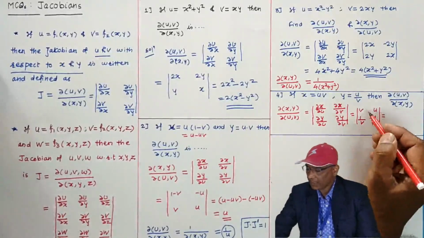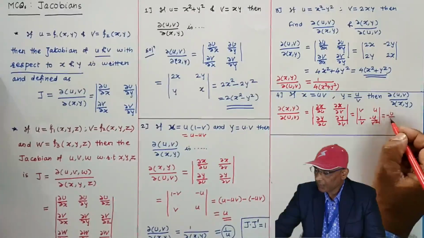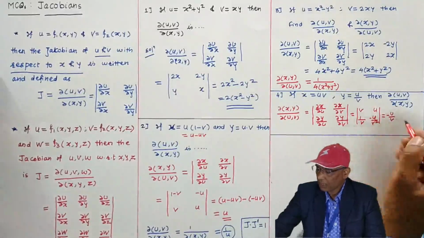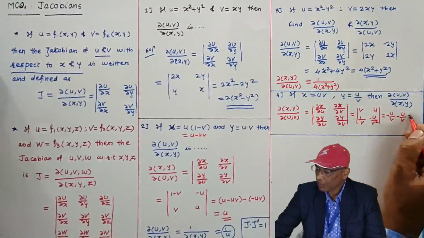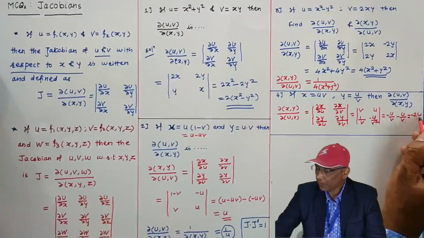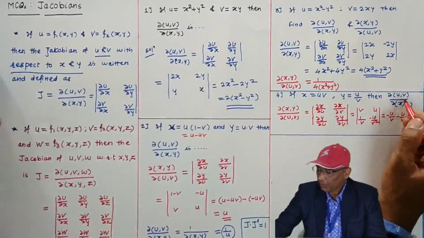Therefore, I am writing directly, product of these two will be minus u by v, because v gets cancelled, minus product of these two is u by v. Means it is minus 2u by v.